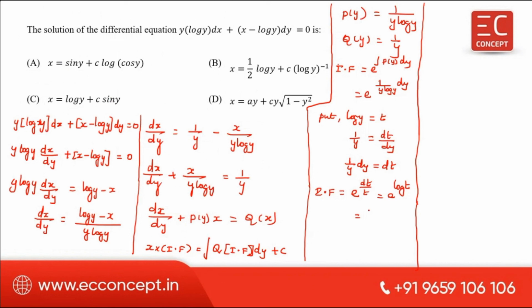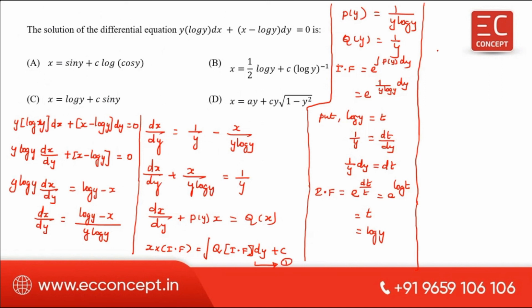Now e power log t we can write as t, since e power log a is a. Now t is what we have taken as log y. So the integrating factor is log y. Now you have to substitute the values. This is equation number 1.